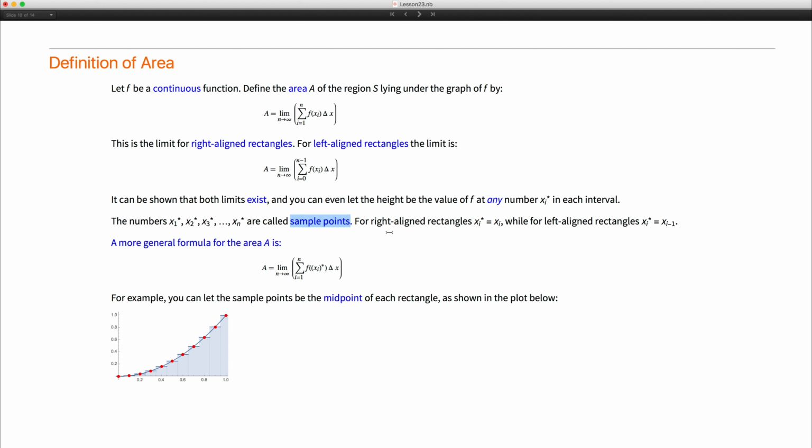So in particular, if you have right-aligned rectangles, then you have the sample points x_i, and if you have left-aligned rectangles, then you have the sample points x_(i minus 1). That's the general formula for the area with any sample points for each subinterval. For example, here I've taken the sample points to be the midpoints of each subinterval.